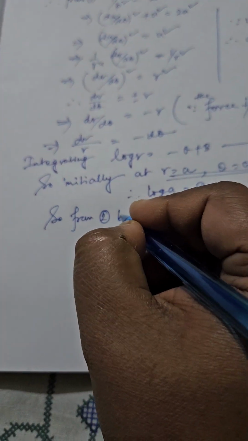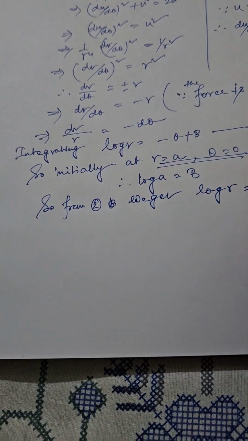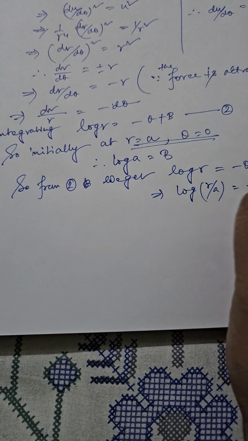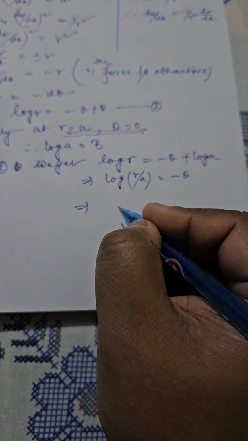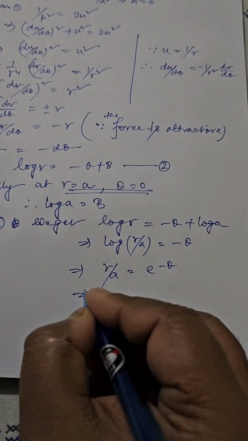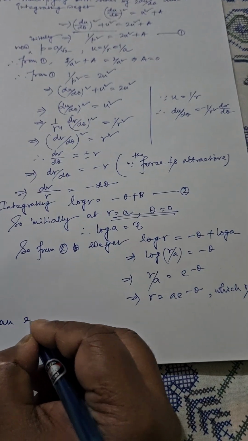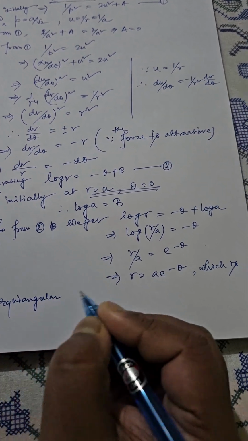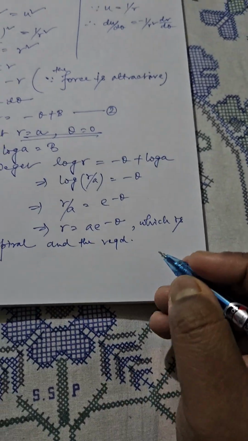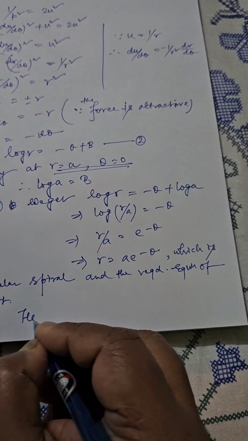So from equation 2 we get log r minus theta plus log a, that is log of r by a, that is equals to minus theta, and then you can write r by a is equals to e to the power minus theta, and finally you have r equals to a e to the power minus theta, which is an equiangular spiral and the required equation of the orbit, hence the proof.